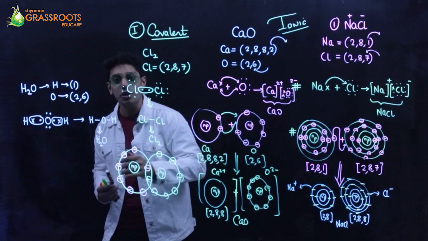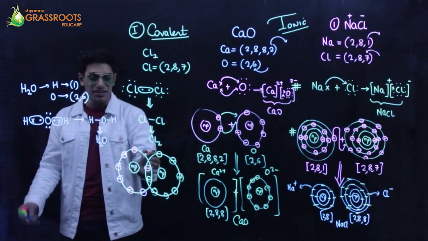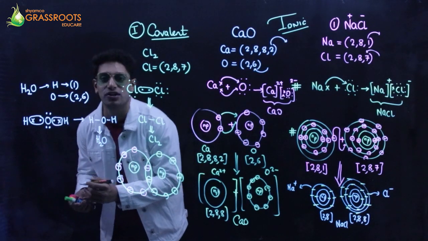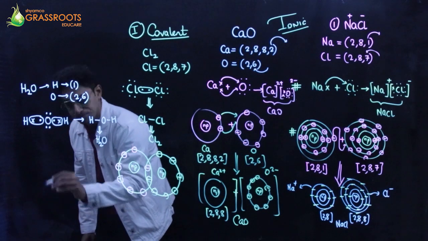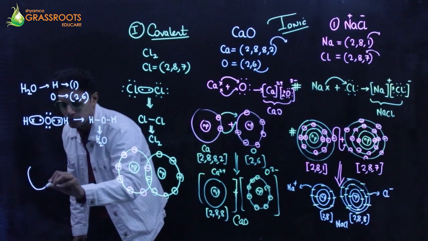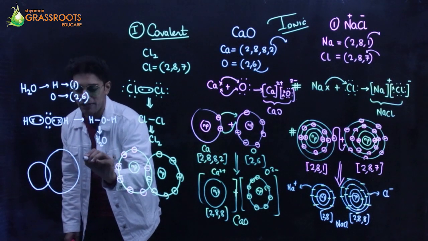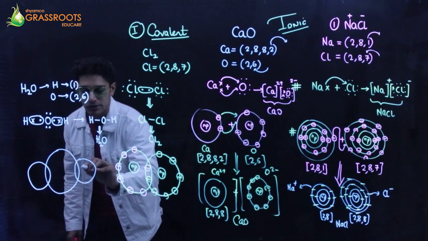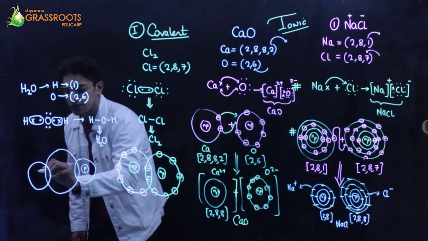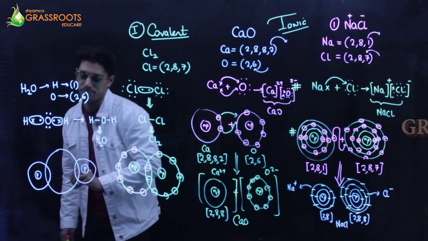If I talk about the atomic structure, I'll directly draw the combination structure. H, just the outermost shell, then we have O and we have H again. In hydrogen, we have a proton.